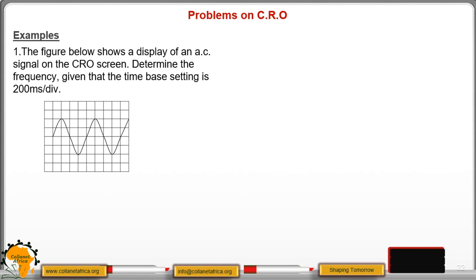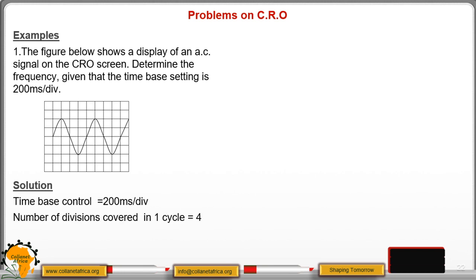We are given that the time base setting is 200 milliseconds per division. Again, from here to here, we can count the number of cycles. So we proceed as follows. 1, the time base is given. Then the number of divisions for 1 cycle. You can count the number of divisions per complete cycle.